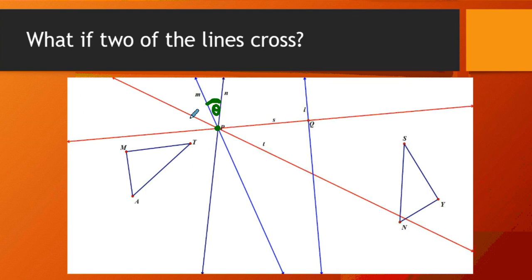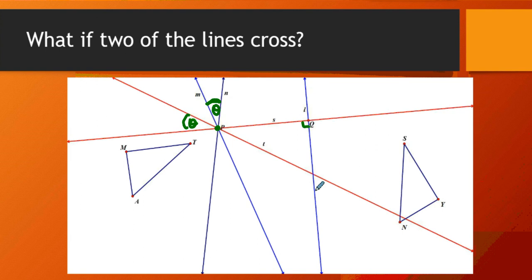So it doesn't matter if we make that angle here between S and T, or here between N and M. The single transformation accomplished by these two intersecting lines passing through P is the same as the single transformation accomplished by these two intersecting lines intersecting at P. But the advantage of line S is that it's perpendicular to our third reflection line.